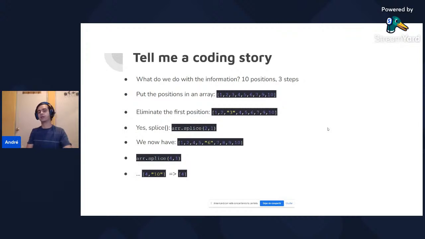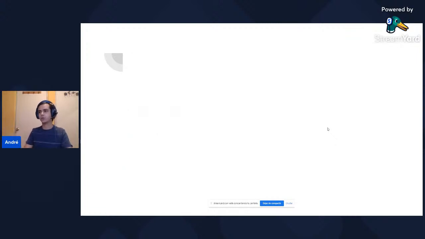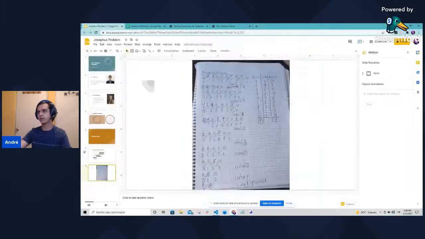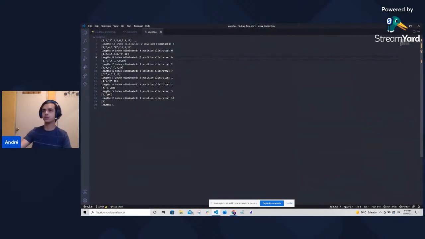Okay, so again, now we have a way to solve the issue manually, let's say. So what I advise and what I did is to write down the solution by hand, by pen on paper. I have it here, but my handwriting is the worst, so don't worry, I have it also here on Visual Studio Code. What I did was write each of the arrays.